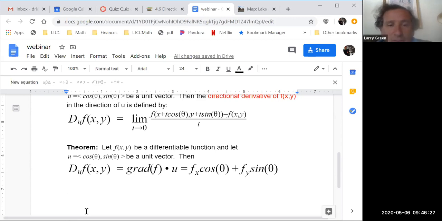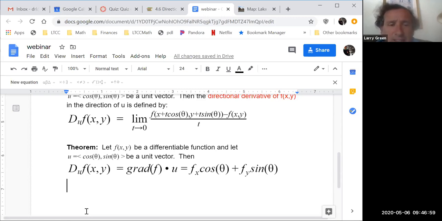Yeah, this is a chain rule. So notice this is a chain rule where we're looking at a derivative of a function times another function plus a derivative of a function times another function. Okay, any questions on that? So this is the chain rule.